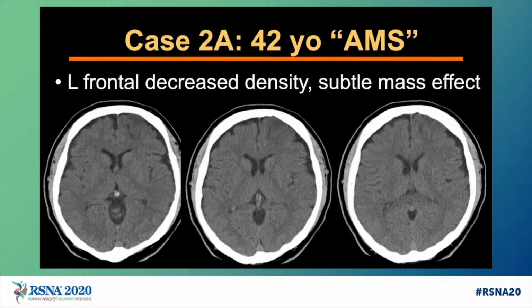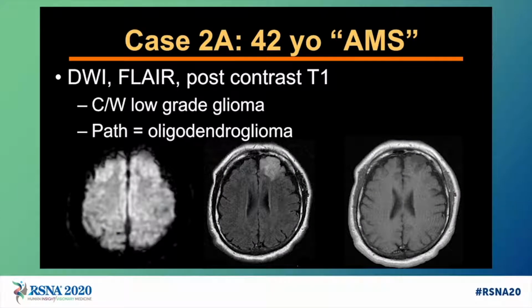Here's a related case, a 42-year-old with altered mental status. And we quickly realized that this patient had a left frontal area of decreased density, but there was also some mass effect. So we weren't thinking so much about an infarct in this patient. We went to the MR. The diffusion is negative.